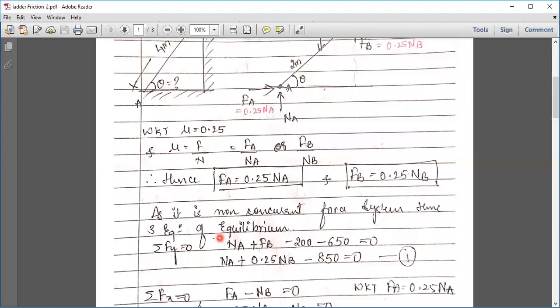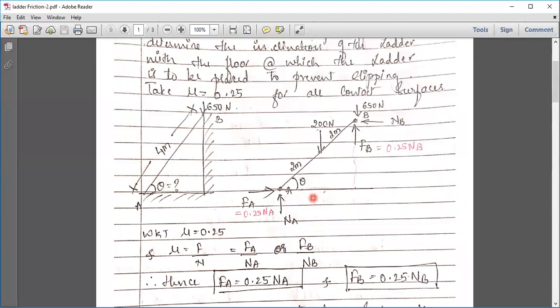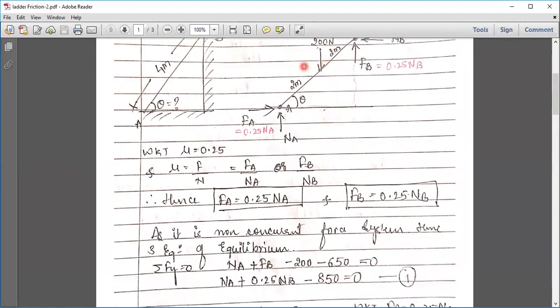So we know that the equations of equilibrium are three. Applying the first equation, that is summation Fy equal to 0, where Fy means all the vertical forces. So which are the vertical forces? NA, 200, 650, FB. I'll make this a bit smaller so that it's visible.